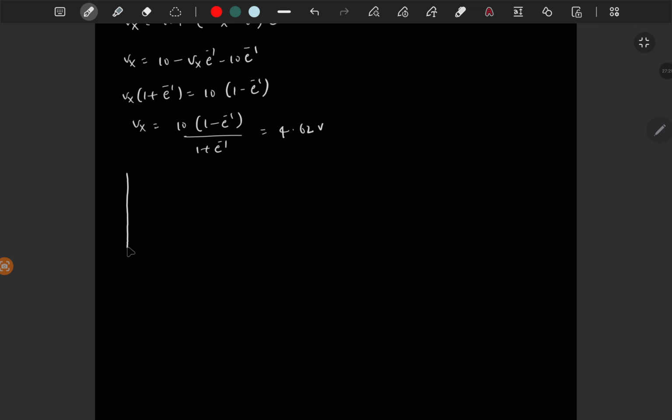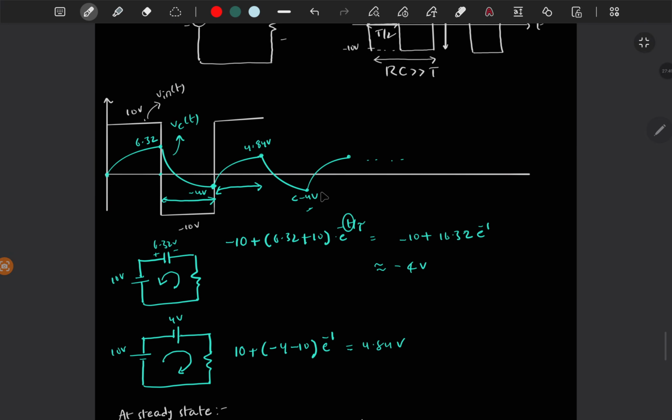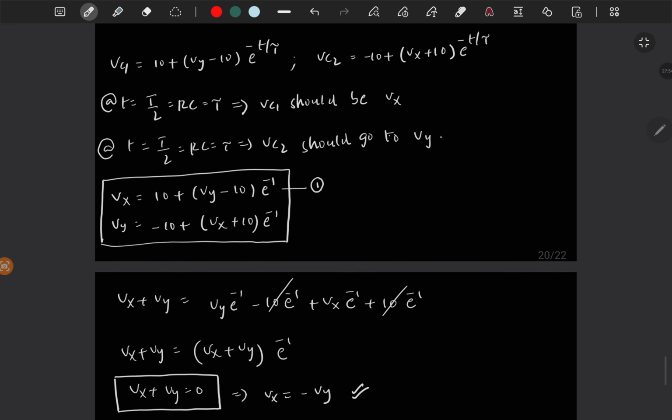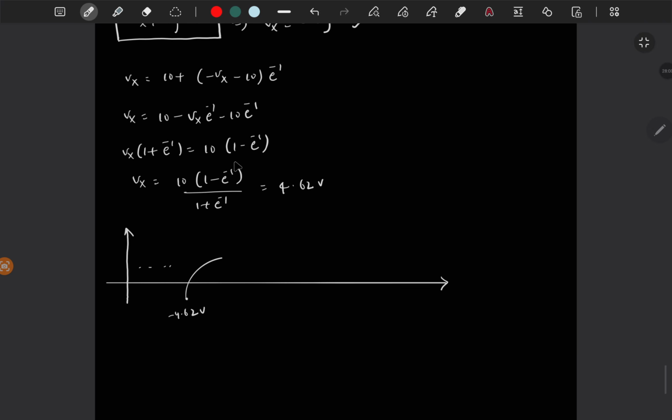So this is how you will get the output across the capacitor at steady state. Forget about the initial waveform. It will charge from minus 4.62, and it keeps on charging and discharging, and once it is charged to minus 4.62, this will be in repetition. It will again charge to 4.62 and discharge to minus 4.62.